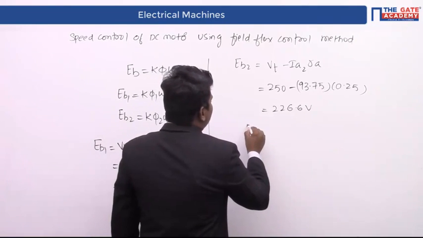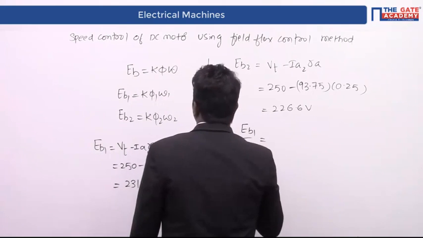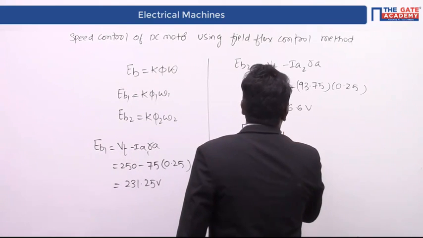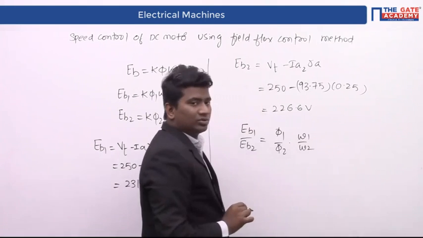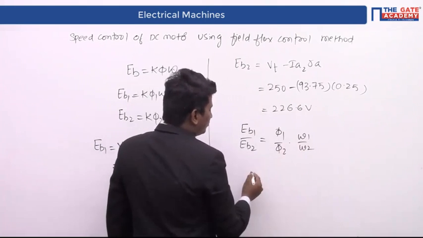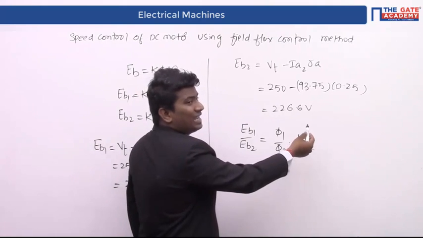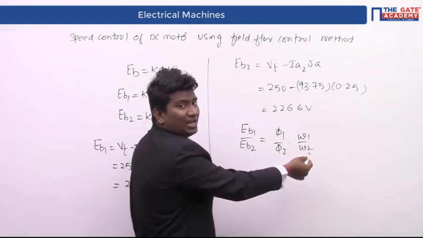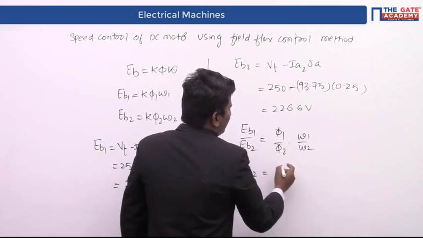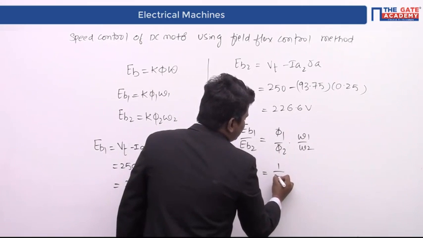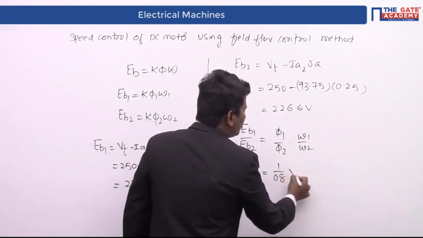As we know, EB1 by EB2 is equal to phi 1 by phi 2 into omega 1 by omega 2. In this, what do you want? Speed N2. Omega 2 can be written as 2 pi N2 by 60, and omega 1 is 2 pi N1 by 60. Therefore, N2 is equal to phi 1 by phi 2, which is 1 by 0.8 because phi 2 is reduced by 20%, into N1.